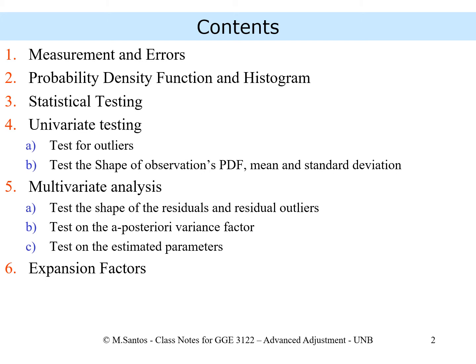And then we are going to finalize the tests by talking about tests that can be performed on the estimated parameters. We will complete the chapter discussing the very interesting idea of expansion factors, what they really represent, and how we can make good use of them.